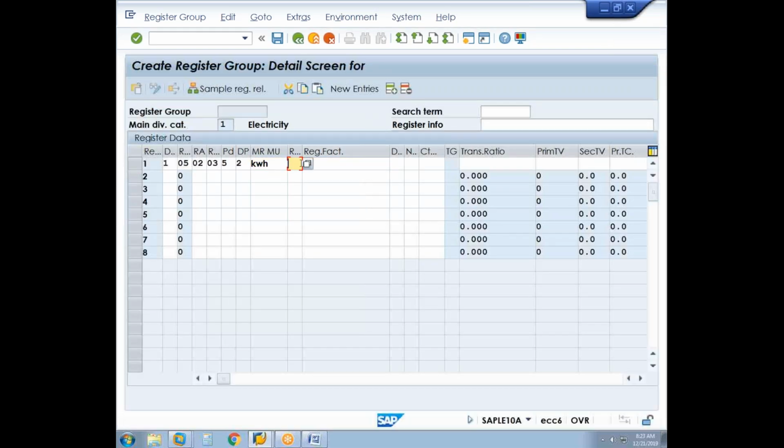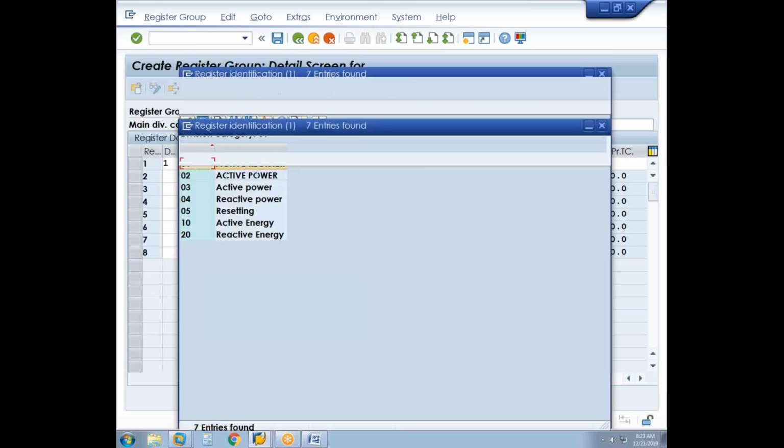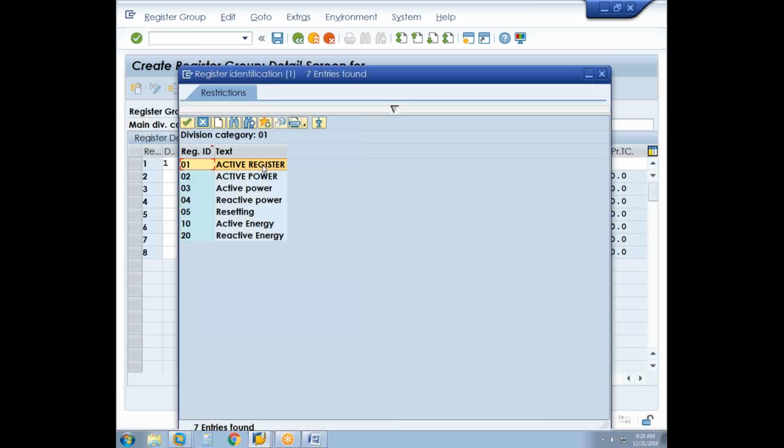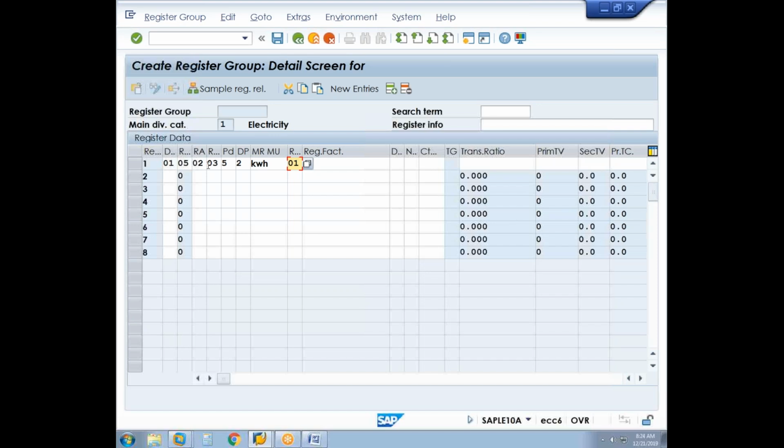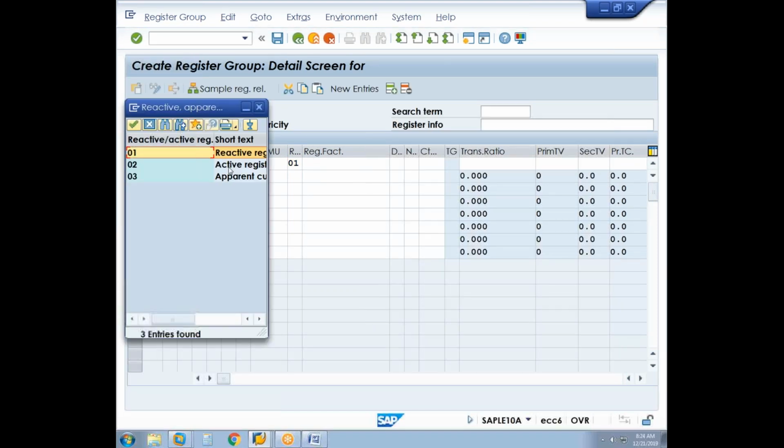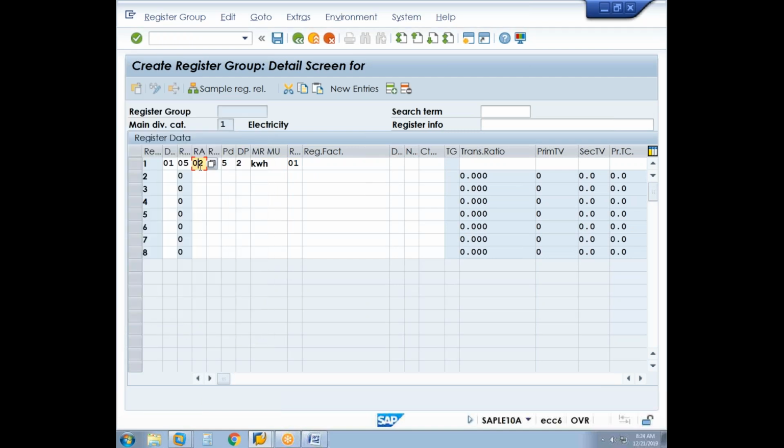Then the system defined category. This is active register. Here we are entering the register ID that we define, and here what we see is a system defined category, active reactive. So this is a system definition. This is our own identification as active register. Register factor is a multiplication factor. You can think of it like a power factor.